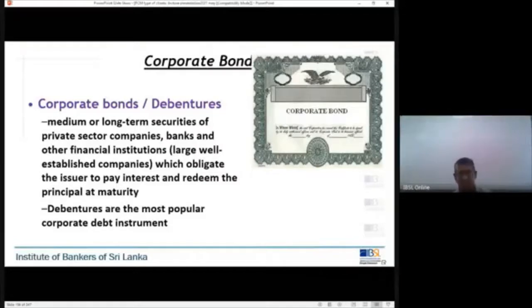Not yet. Okay, you're going to learn it, because according to the central bank, every bank must maintain a certain capital requirement, a capital adequacy ratio. I don't want to go through all these things now.